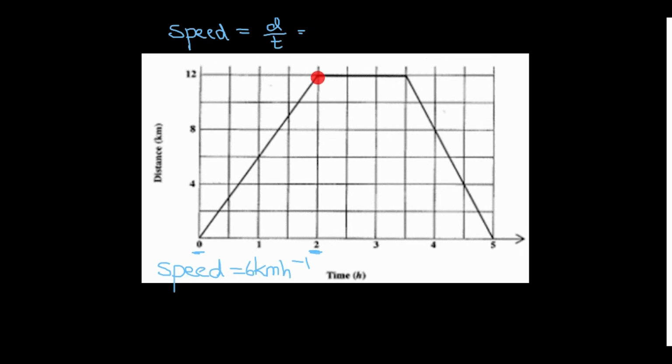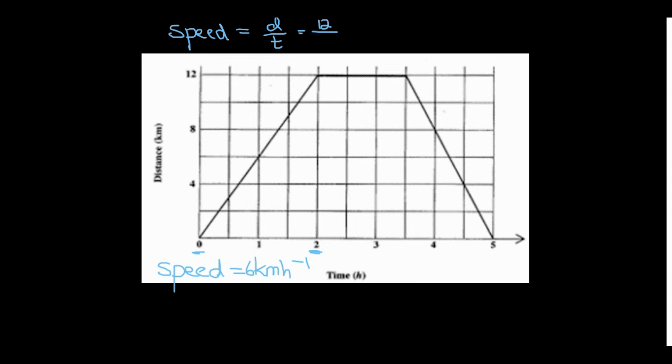So the top point here corresponds to that 12 kilometer distance. So that's why we're going to say that the distance covered is 12 kilometers. Alright, and the athlete took how long to cover this 12 kilometer distance? A total of 2 hours, because we were asking about the first 2 hours of the journey.